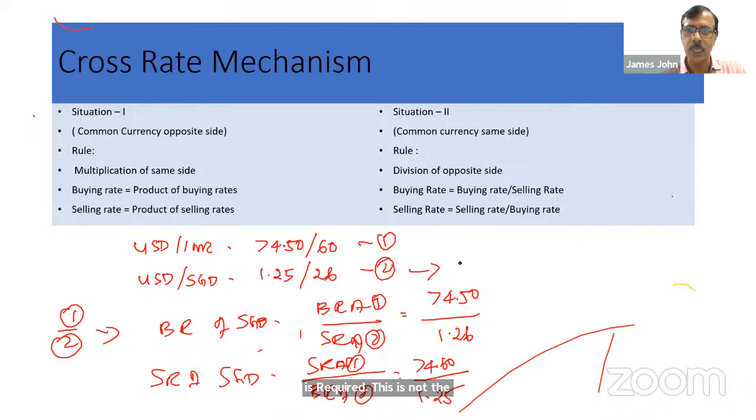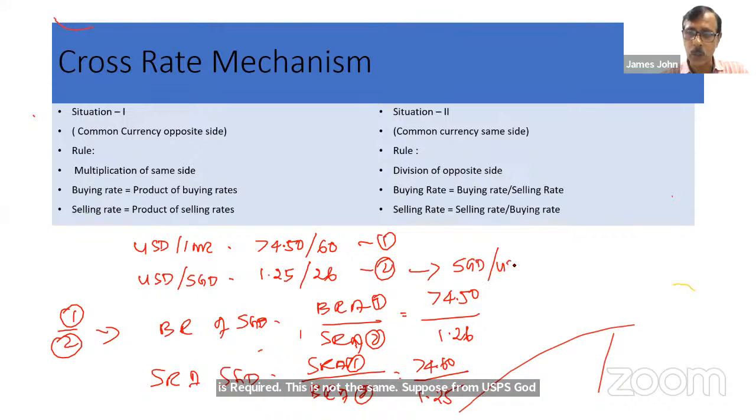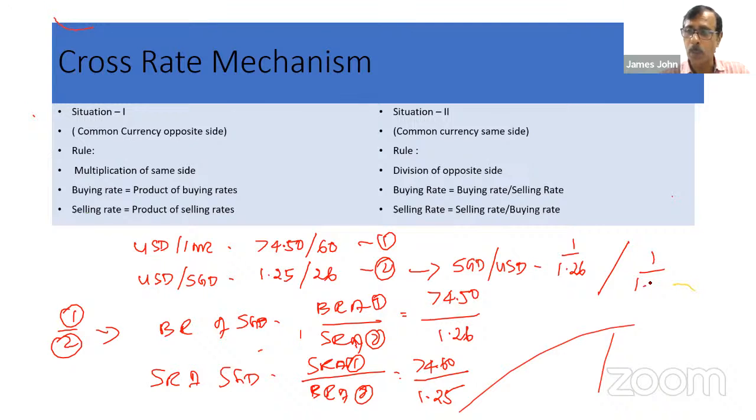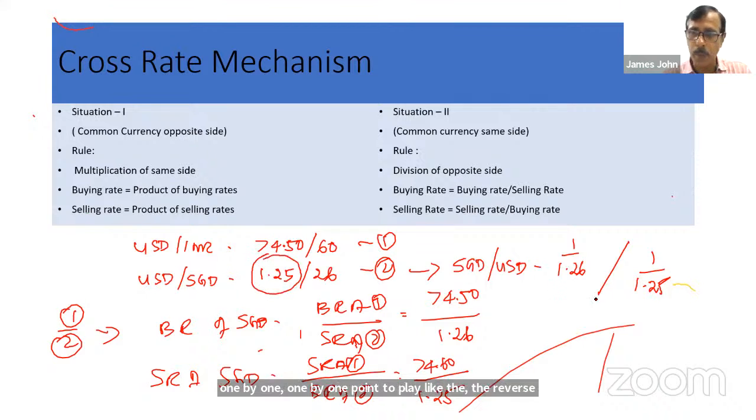Suppose from USD SGD, if you are able to write SGD USD, then it is fine. How do you get SGD USD? By reciprocating. When you reciprocate, the selling rate will come here as 1 by 1.26, and here 1 by 1.25. The reciprocal of the buying rate will come as the selling rate, and the reciprocal of the selling rate will come as the buying rate.